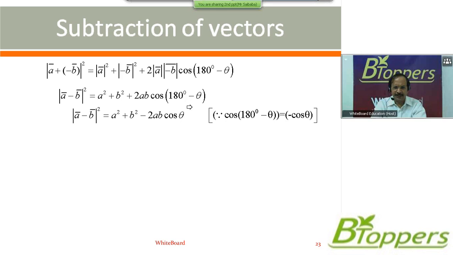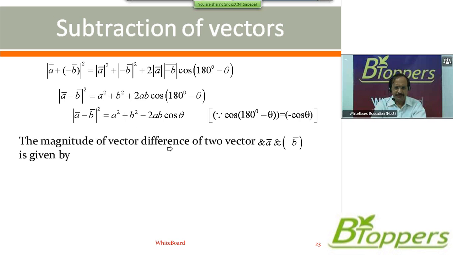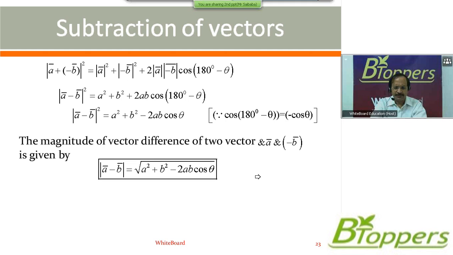Now cos 180 degrees minus theta equal to minus cos theta. So I can substitute here cos 180 degrees minus theta equal to minus cos theta. So the magnitude of the vector difference of two vectors A bar and minus B bar is given by mod of A bar minus B bar equal to root of A square plus B square minus 2AB cos theta, or mod of A bar minus B bar equal to root of A square plus B square plus 2AB into cos 180 minus theta.